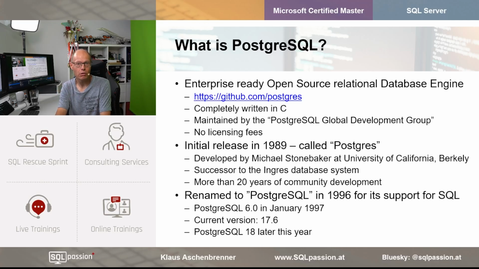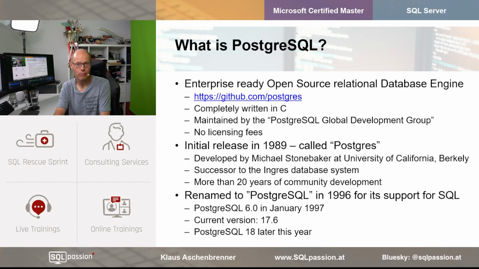When we install Postgres today in a Docker container, we will see that the latest version of Postgres is 17.6, and it's also important to know that the goal of Postgres is to ship a major version every year. Currently there's already a release candidate available for Postgres 18, which will be shipped over the next months.